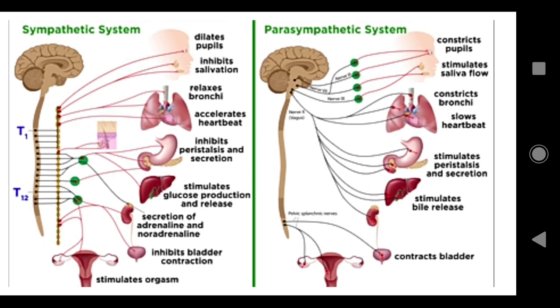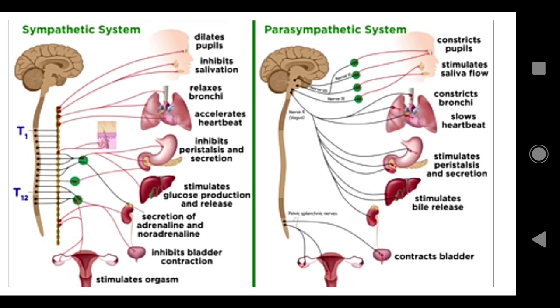They give connections to our body parts and control our internal body activities. Who? The sympathetic and parasympathetic nervous systems, and these two systems come under the autonomic nervous system.